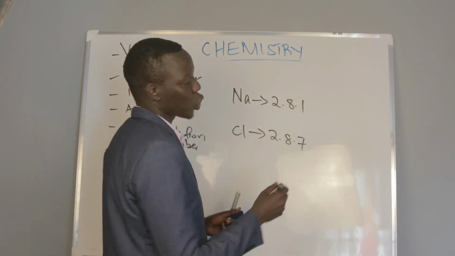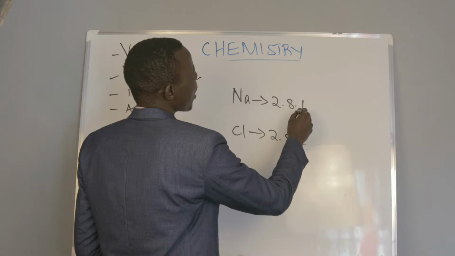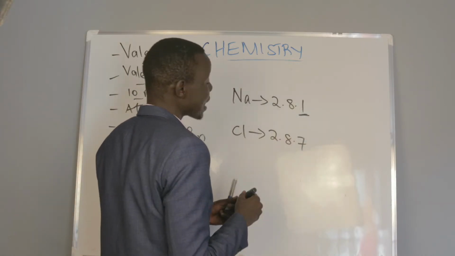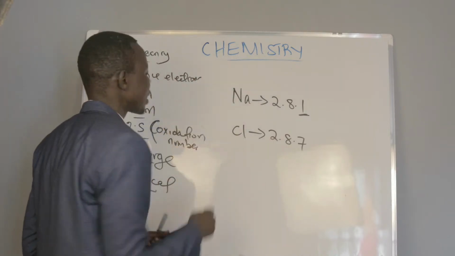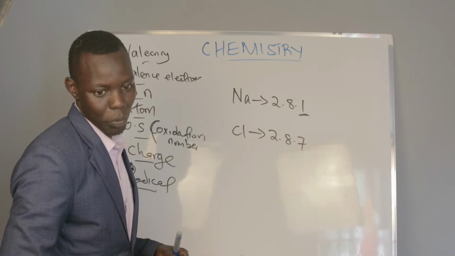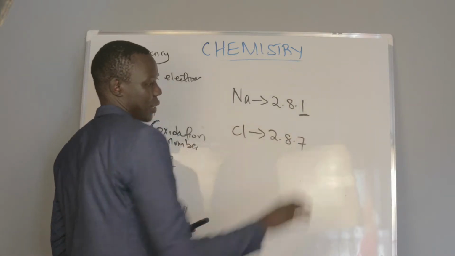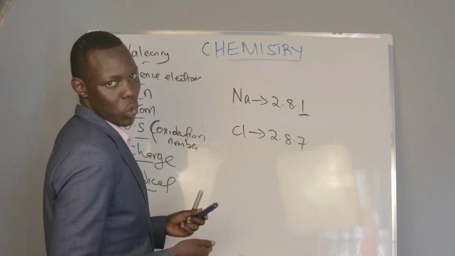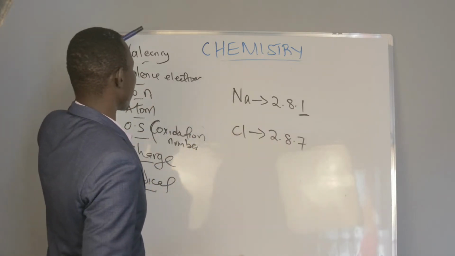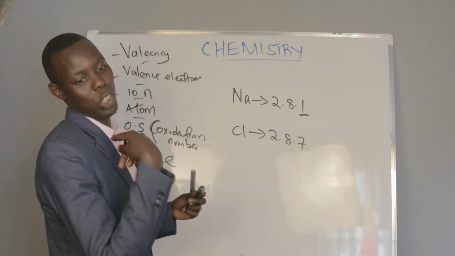The valency for sodium is, sorry, what am I saying now? It is 1. The valence electrons is still 1. Valence electrons shows the number of electrons in the outermost energy level. So for sodium, it is 1. What about the number of electrons lost by sodium? Still 1. So for sodium, the valency and the valence electrons are the same, which is 1.